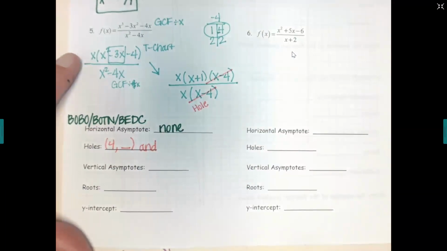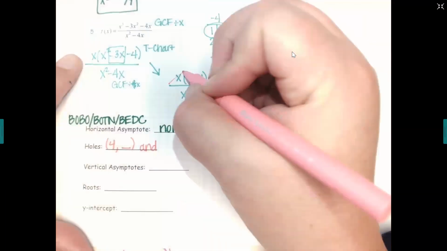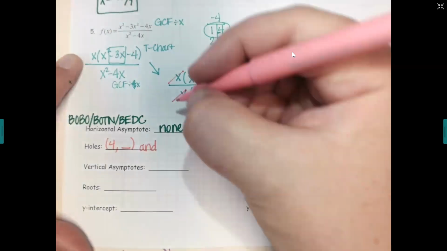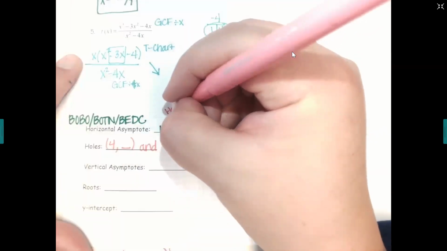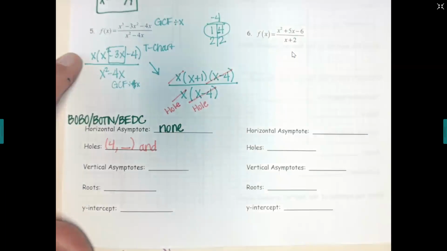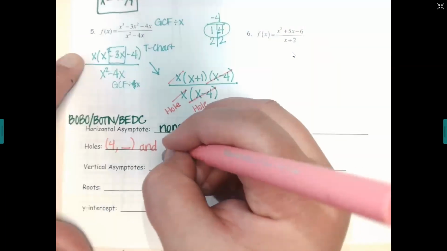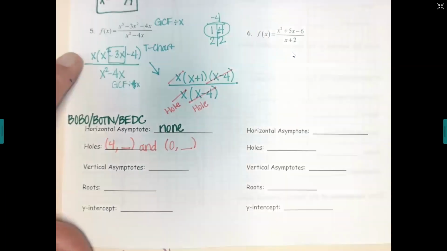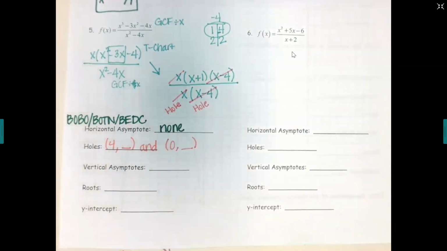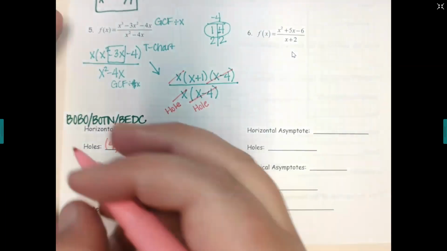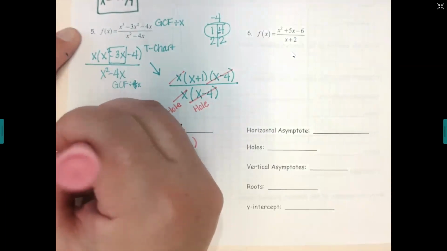The X's by themselves can also cross out. So I'm gonna actually end up with 2 holes in the graph. For my second hole, if it's an X on the outside, what number would that be? 0 comma something. We'll fill in those Y values later. If you struggle to remember which one's which, I would encourage you to write holes and then put cancel out.